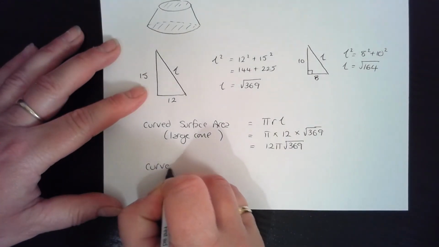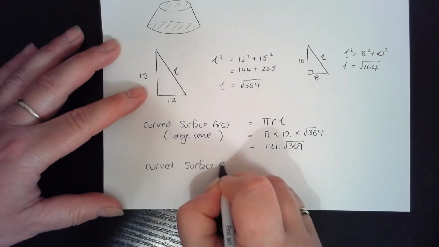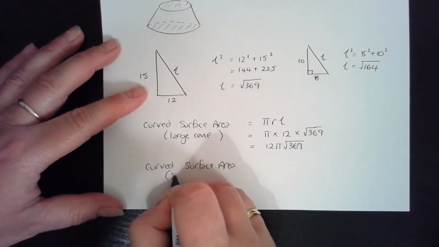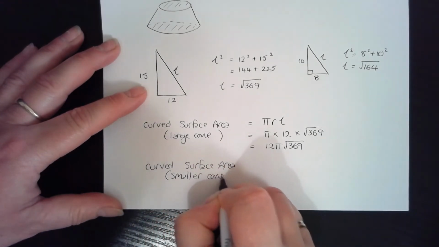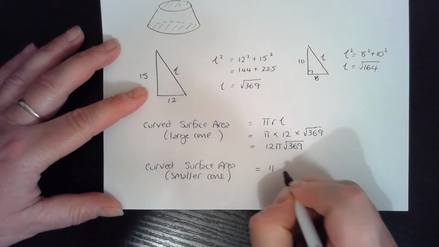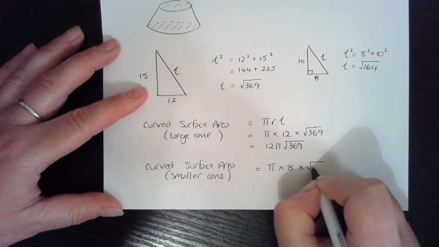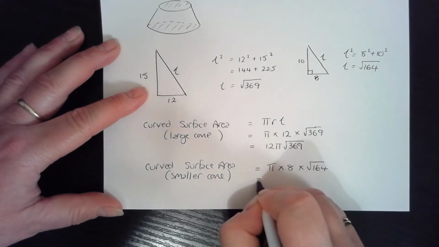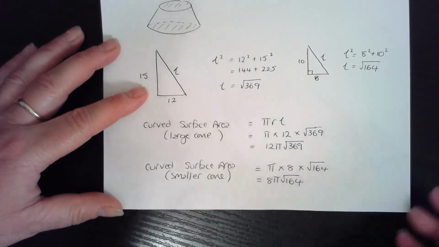The curved surface area for the smaller cone is exactly the same formula, pi RL, but for the small cone it's going to be pi times by 8 times by the root of 164, which is 8 pi root 164.